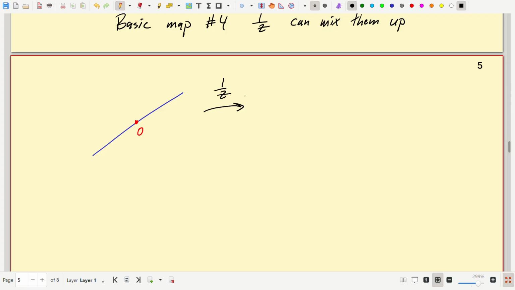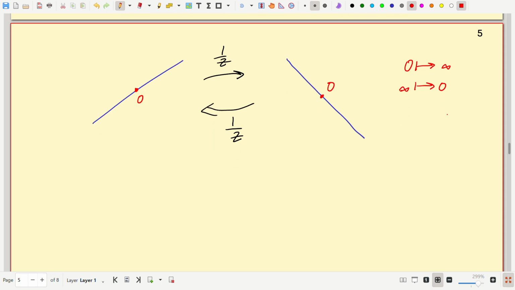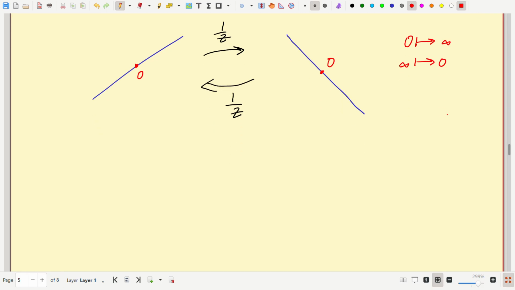It blows 0 out to infinity and sends infinity to 0, but it kind of turns it inside out. Thinking about conjugates, it would go like that. And of course, 1 over z is its own inverse, so the inverse of this picture would do that. So you note that 0 goes to infinity, and infinity goes to 0. So it turns them inside out, kind of.